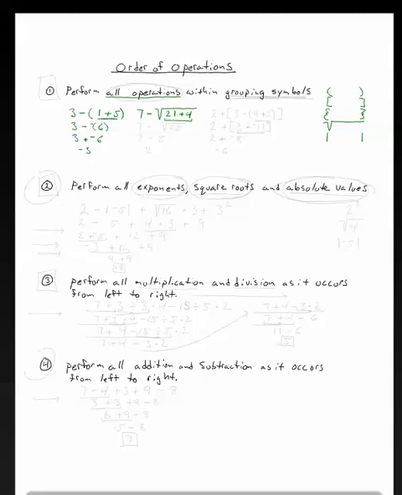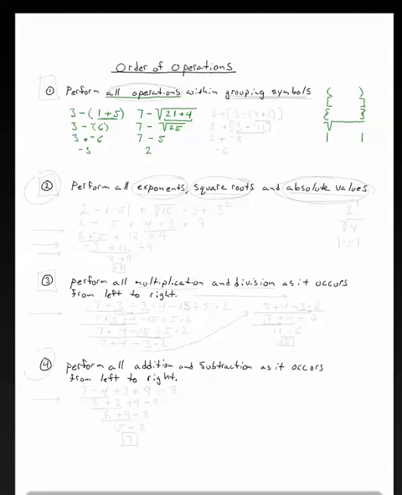So I would have to do that before I could do this subtraction. So we would have 7 minus the square root of 25. And then in step 2, as we'll talk about, we now want to evaluate that square root. And the square root of 25 is 5. So I'd have 7 minus 5. And 7 minus 5 is 2.